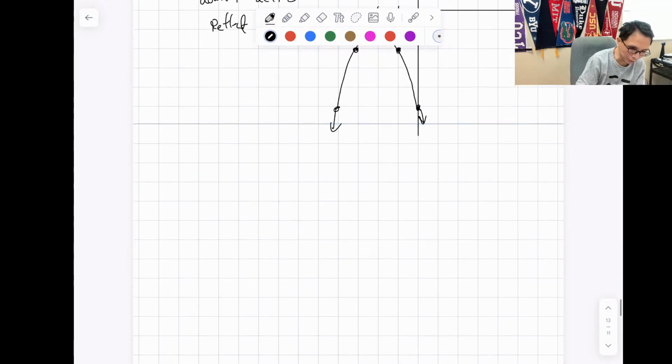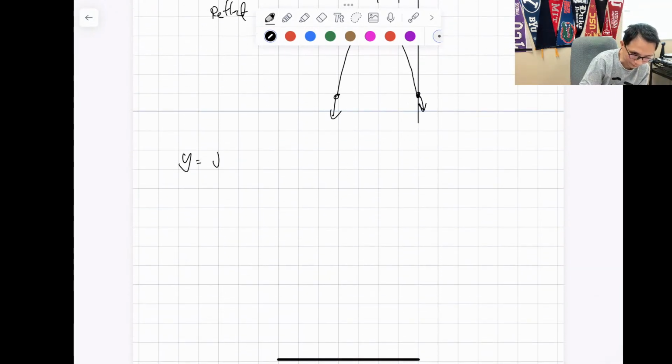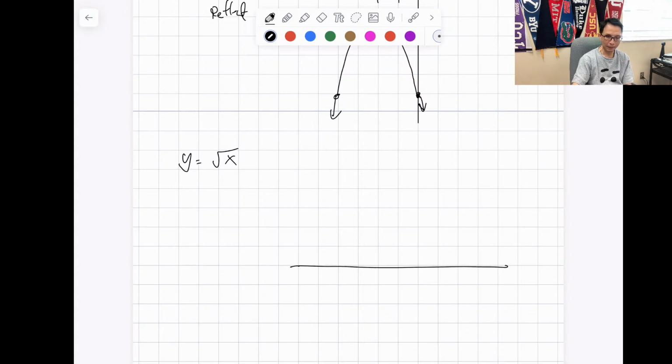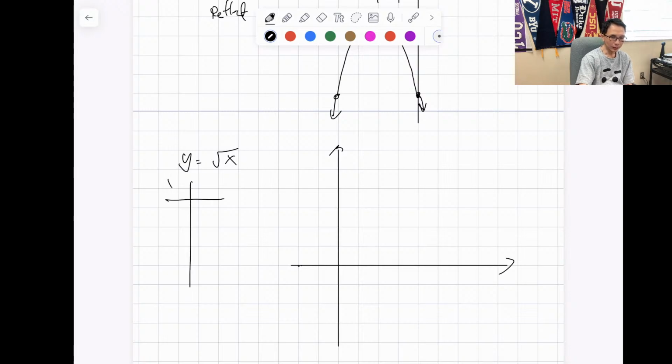We're going to introduce a new graph: the square root of x graph. How many of you know what the square root of x graph looks like? If you don't know, plug in values, but there are only a few values you can plug in. If I plug in -1, it gives you i.